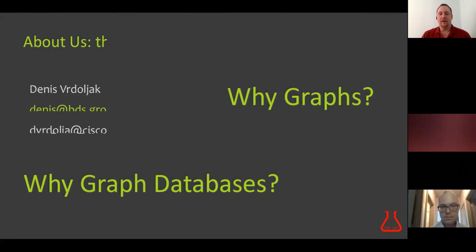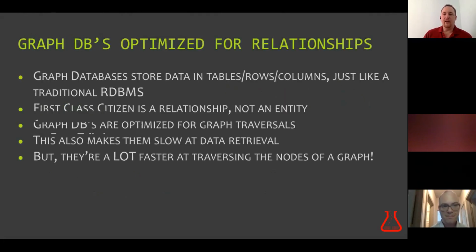So if you're here, you might have the question, why graphs, why graph databases, what are graph databases, and when do you use them? And this question comes up a lot. So the data that's stored in a graph database is stored in tables and rows and columns, just like a relational database. The big difference in the implementations is that a graph database is optimized for graph traversal, whereas a traditional relational database is optimized for data retrieval.